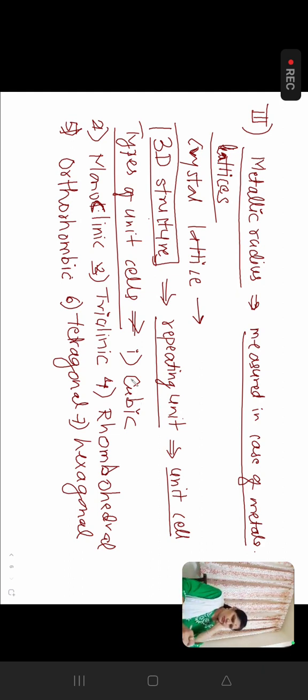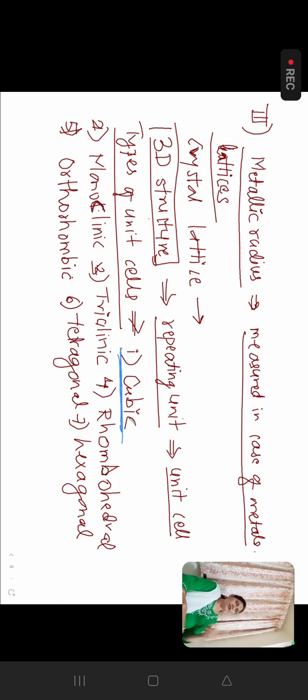Have you completed all those? Now we have to focus only on cubic. Actually, this is a very vast portion you will have in 11th and 12th, all this crystal lattice and the types of unit cells. We'll study only the cubic type of unit cell.